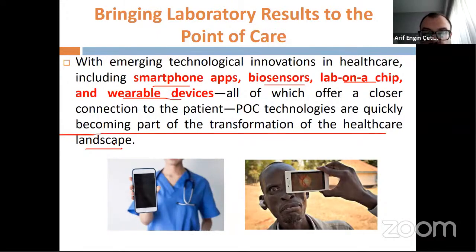For example, with the COVID-19 tests, when the pandemic just started, countries with a lack of PCR tests were using these 15-minute POCT tests. They were low precision, but still, if you don't have PCR machines, then you have to rely on those devices.